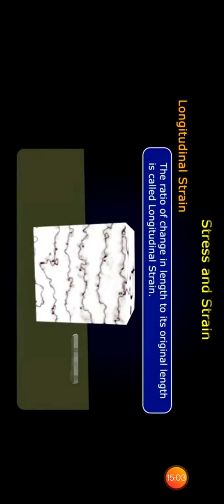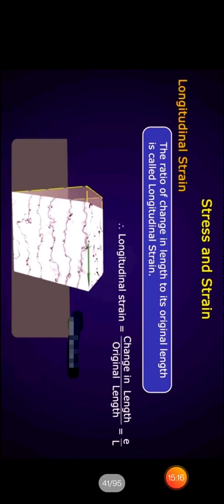Now we can see an animated form of longitudinal strain. The ratio of change in length to its original length is called longitudinal strain. Therefore, longitudinal strain is equal to change in length upon original length.